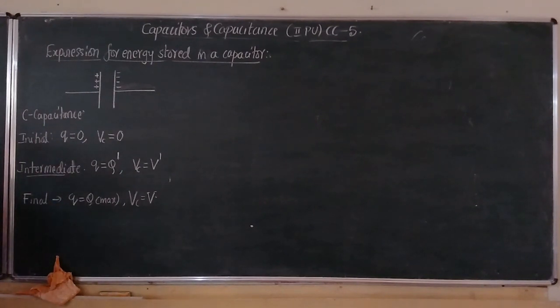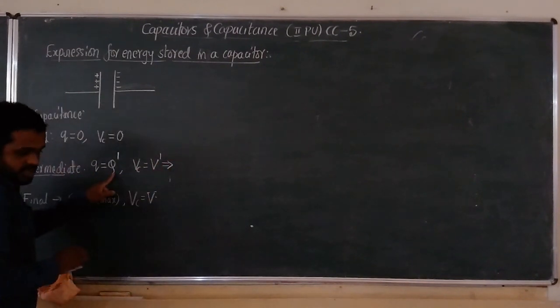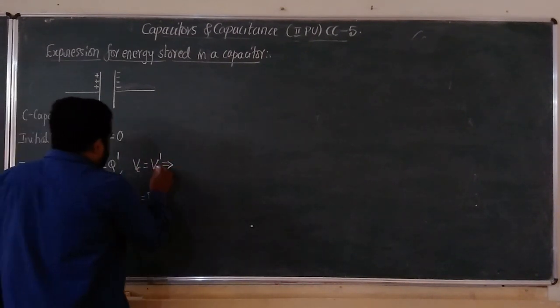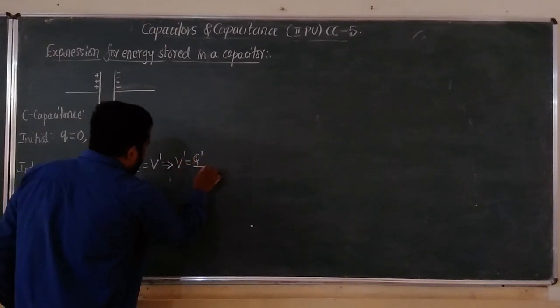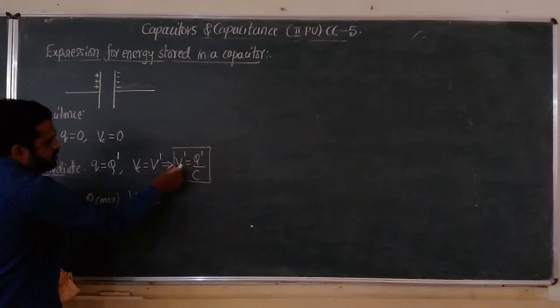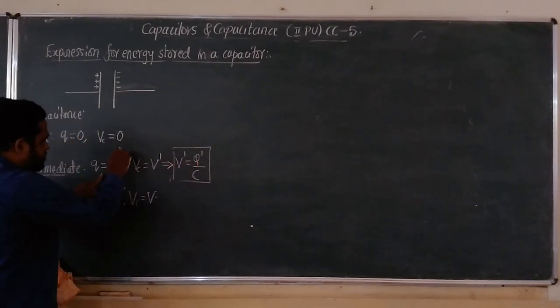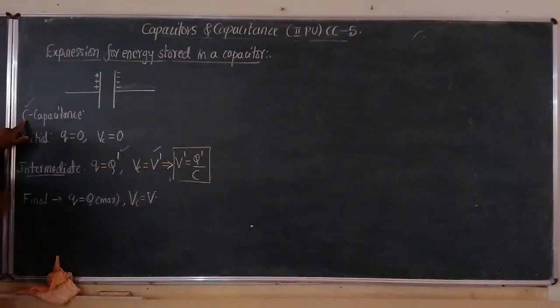Okay. Now, at this instant of time, that intermediate stage, the potential difference can be written as V dash is equal to Q dash divided by C. One important equation: we know that Q is equal to V into C. Now at this instant of time, Q dash is the charge, V dash is the potential difference and C is the capacitance.